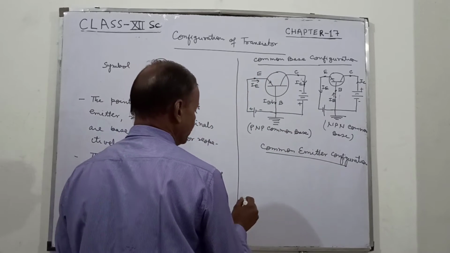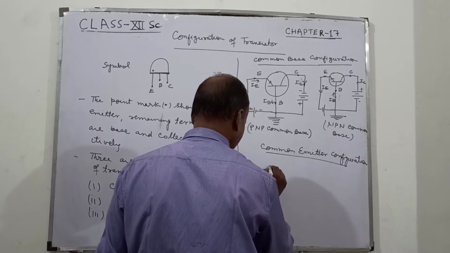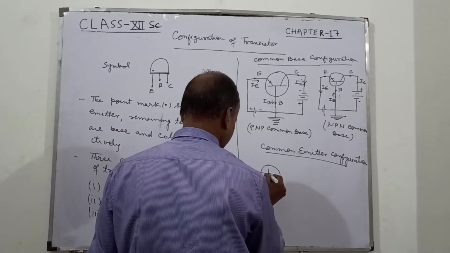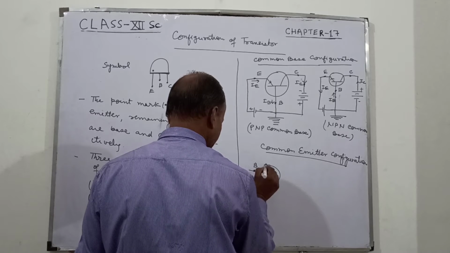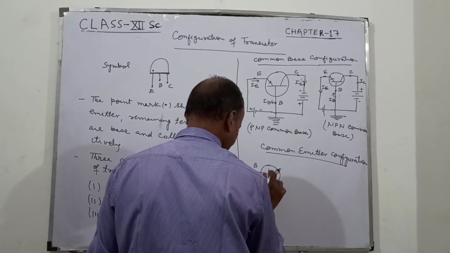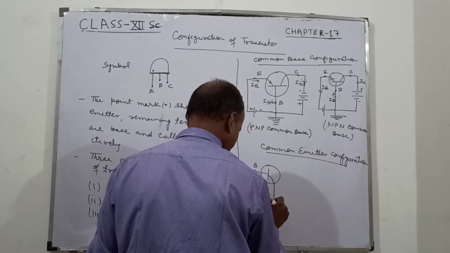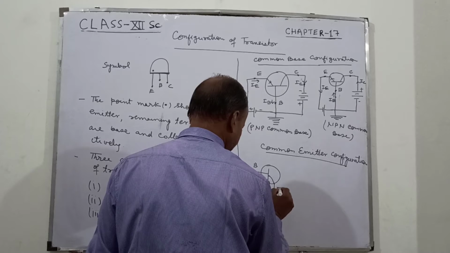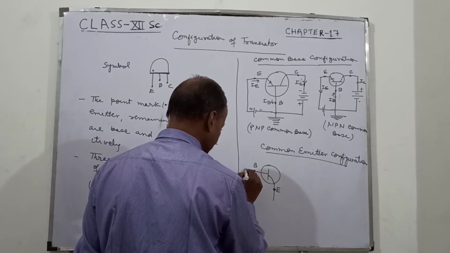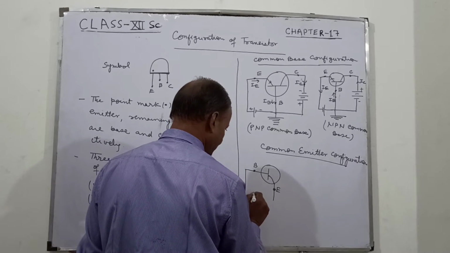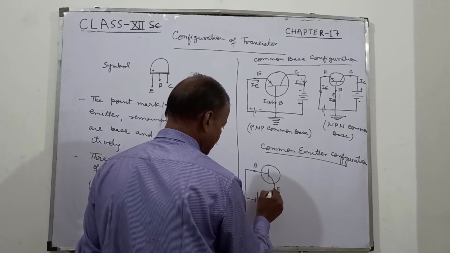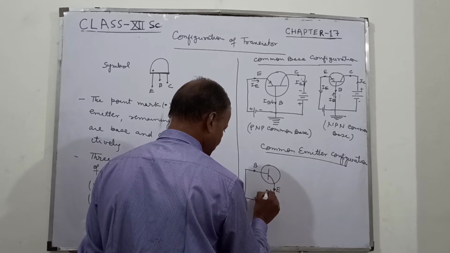In common emitter, this is the transistor, this is the base, and here we have the emitter E. Here the current is this IE.